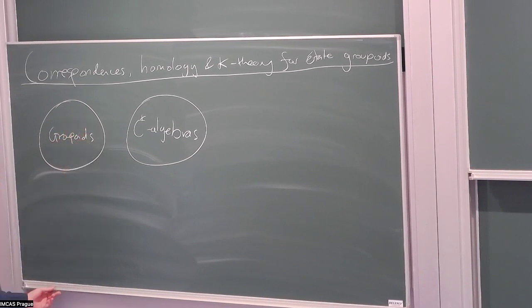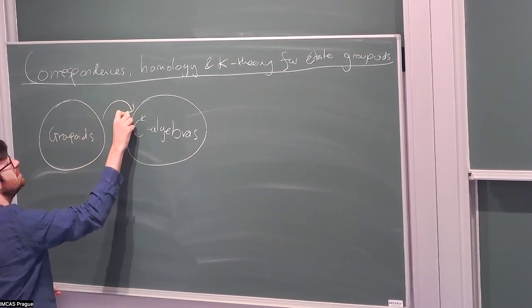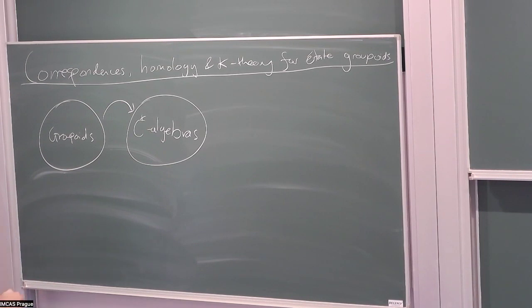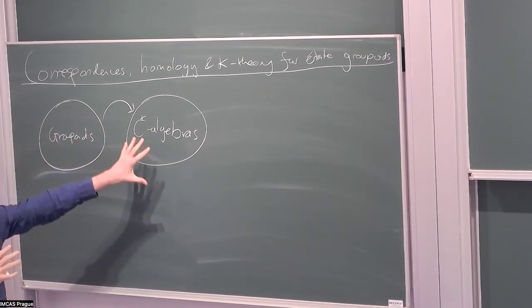In C-star algebras, we like to build C-star algebras from other things and use those things to help understand the C-star algebras we just built. And so one of the big constructions that we like to do is groupoids into C-star algebras.